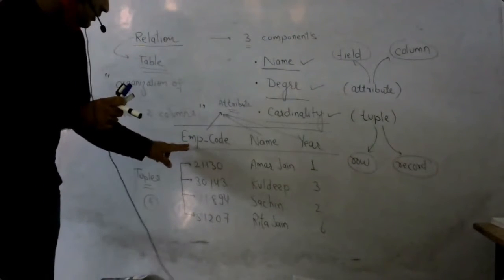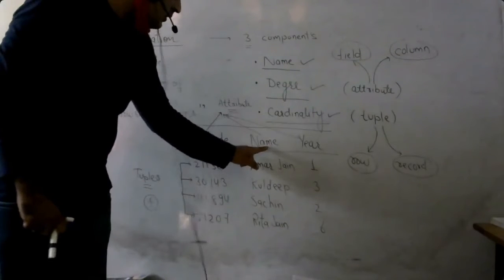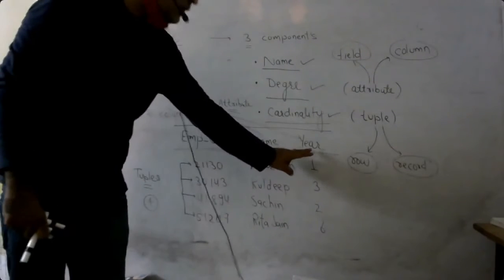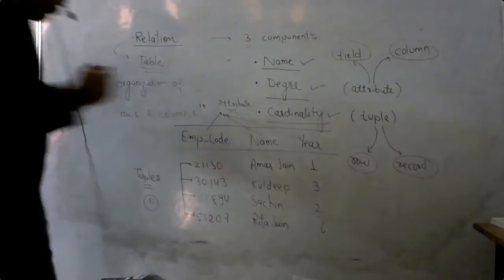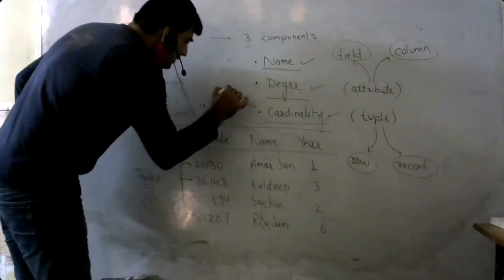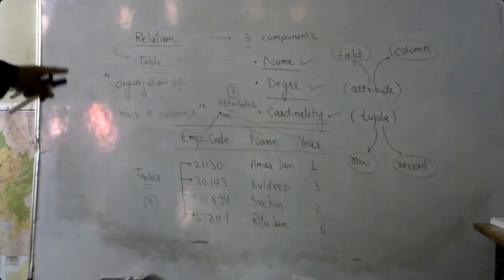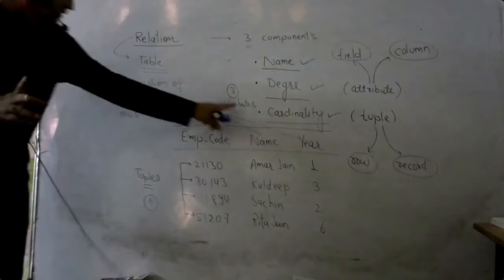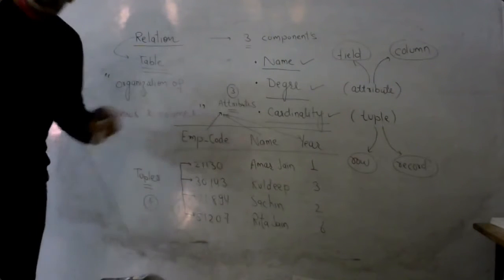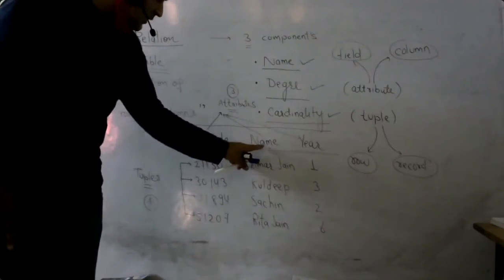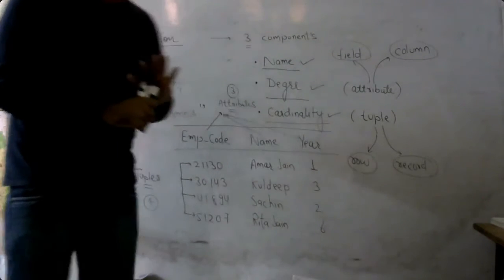The very first attribute is EMP underscore code, the second attribute is name, and the third attribute is year.